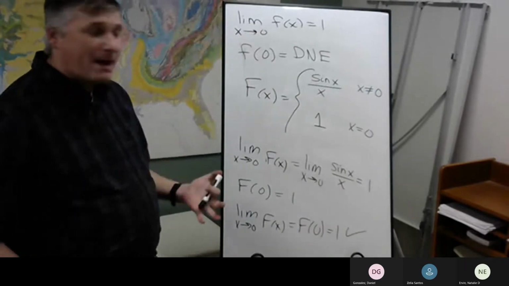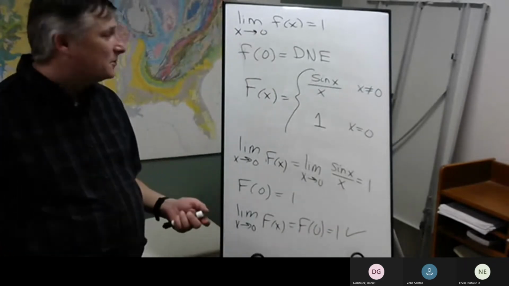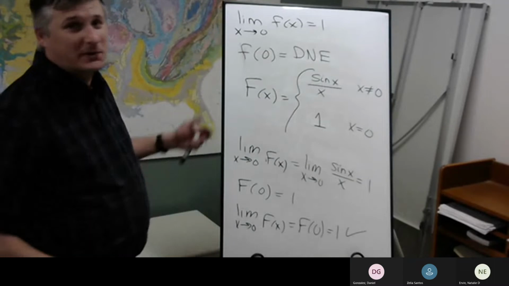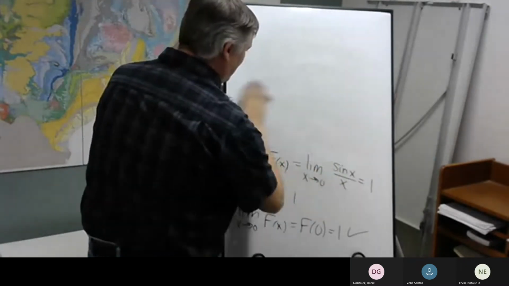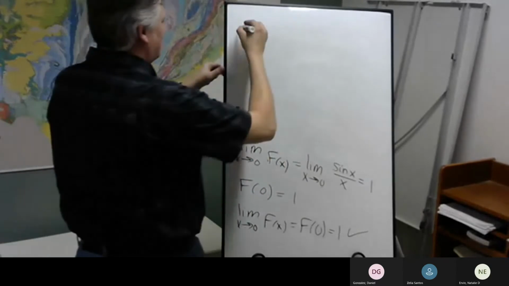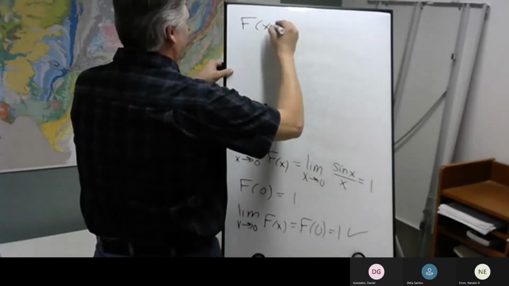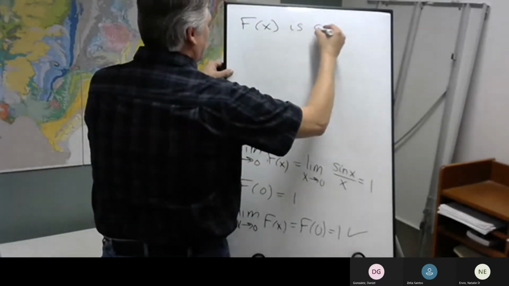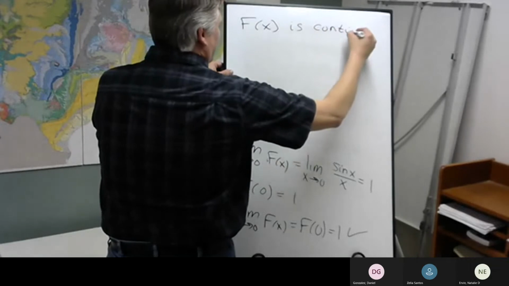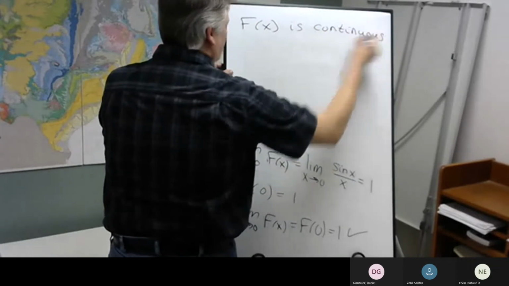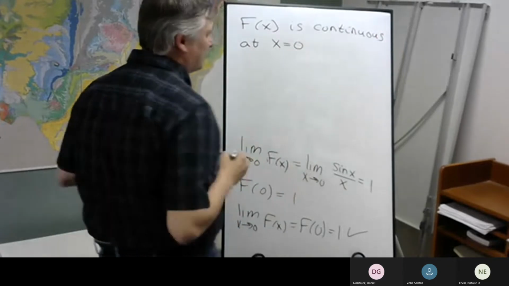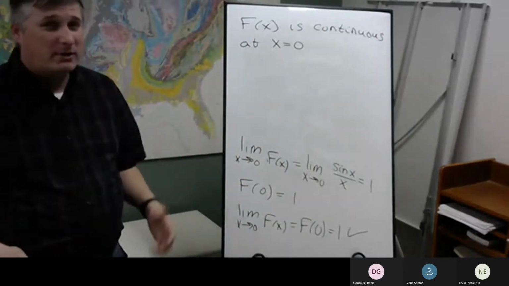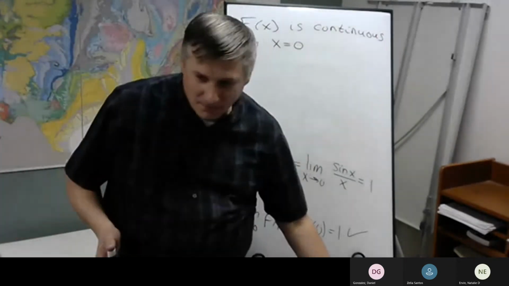So this says that capital F is continuous at x equals 0. So that's one way we can fix a discontinuity.